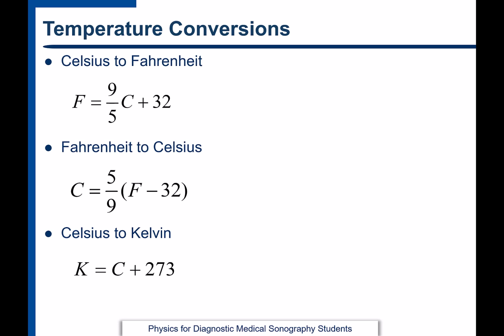However, because a Celsius degree and a Kelvin degree are the same size, that's why we get the simple conversion here. You'll notice the only thing we're doing is taking care of the fact that the zeros are in different places. So let's just do one practice problem to remind us how to use these formulas.